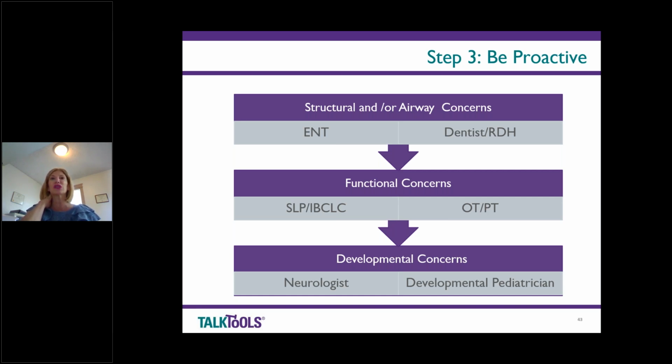When we have functional concerns, we want to make the proper referrals to a speech pathologist who specializes in feeding and oral motor, an IBCLC if there's breastfeeding. And then once again, if we're suspecting global hypotonia and things of this nature, we want OT/PT. And I think the biggest challenge with 0 to 3 is when you're in an early intervention model.